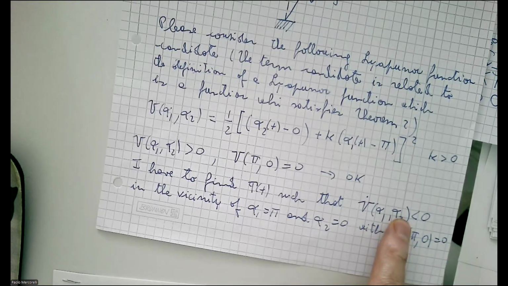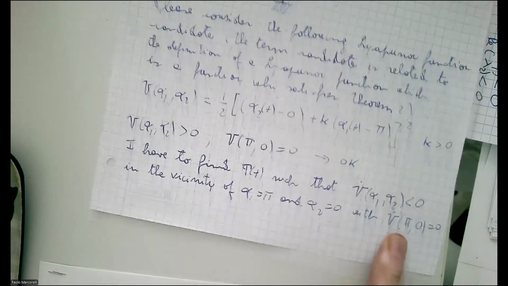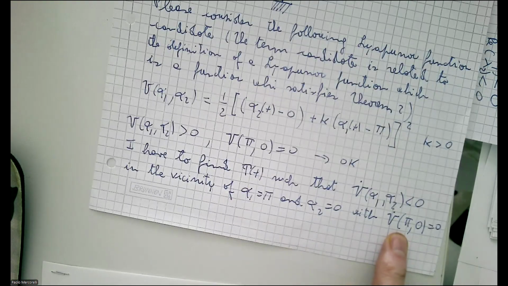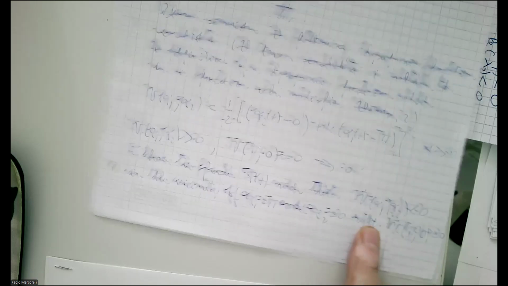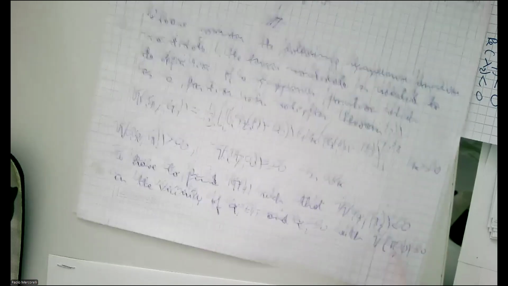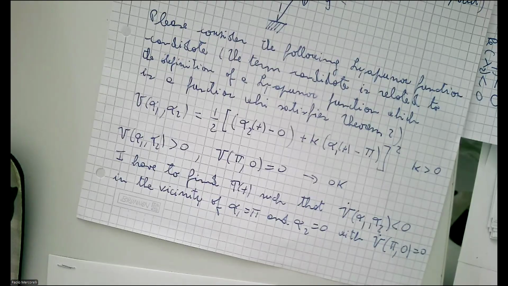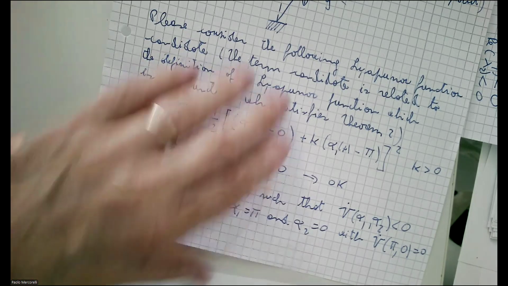this negativeness, and at the equilibrium point x0, in our case pi, 0, the derivative must be 0. This typically is guaranteed by construction. Let me show you. Page number 6. Easier.